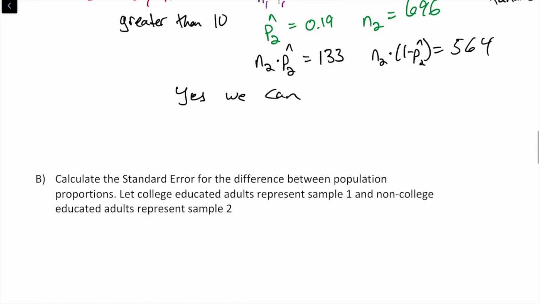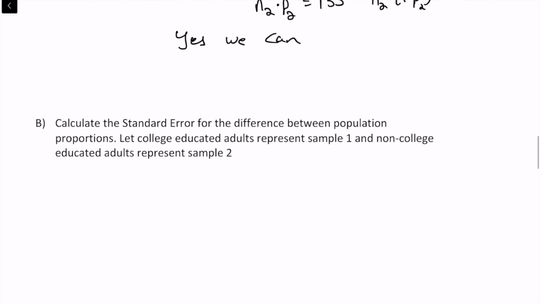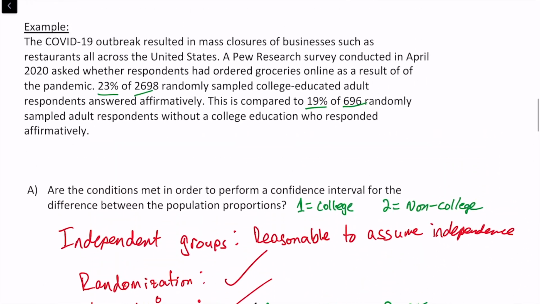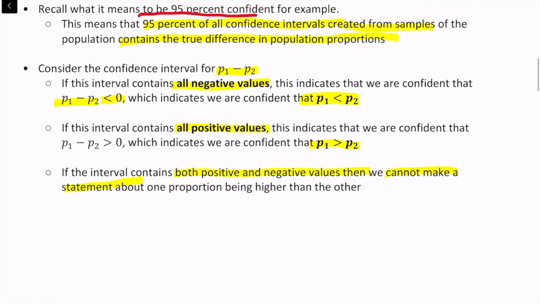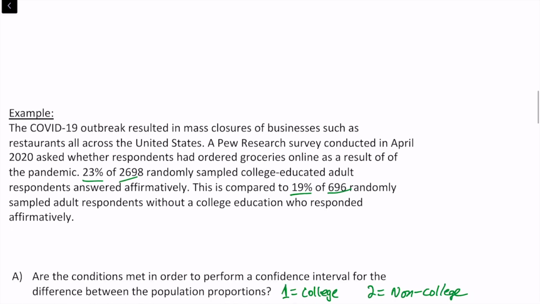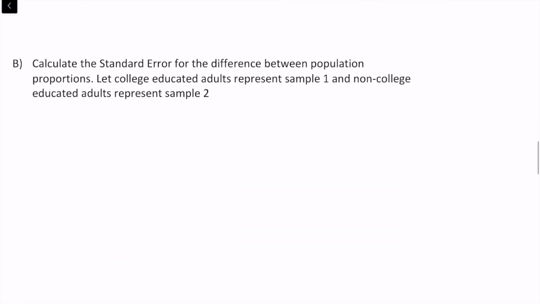Calculate the standard error for the difference between population proportions. Remember the standard error, if we go back, that was part of our margin of error. The standard error was that thing, right? It was the square root of P1 hat times 1 minus P1 hat, and so on and so forth. So let's just copy down that formula here.